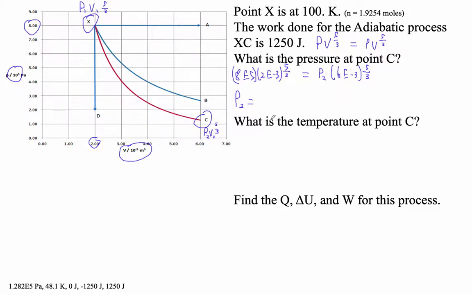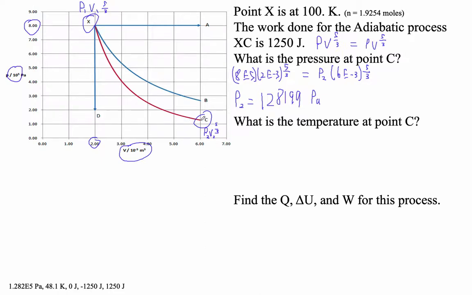So I'm going to go 8E5 times 2E minus 3 raised to the 5 divided by 3, hit the right arrow, divided by 6E minus 3 raised to the 5 divided by 3. I'm hitting the right arrow just because I feel like I should, but it doesn't matter. So that pressure is 128,199 Pascals, which kind of looks right.